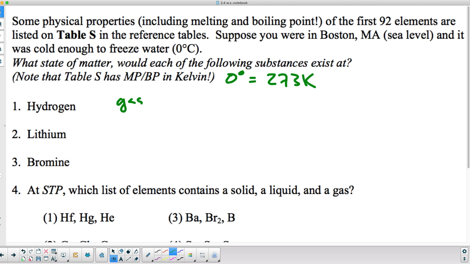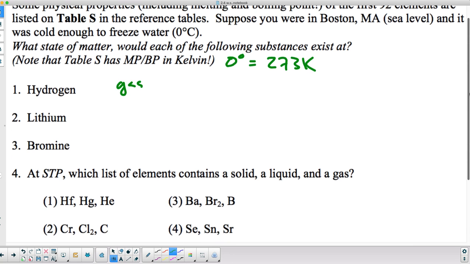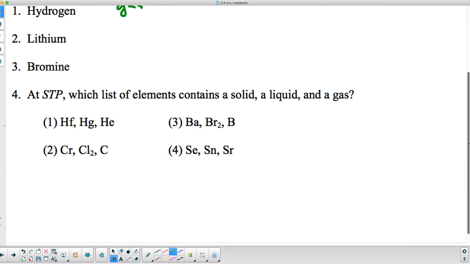At STP, which list of elements contains a solid, a liquid, and a gas? You're going to have to look at table S to figure that one out. Each one of these is at STP, which means standard temperature is 273 Kelvin. So this is all happening at 273, so you would look at H2, see what state of matter it is at 273, Hg, see what state of matter it is.